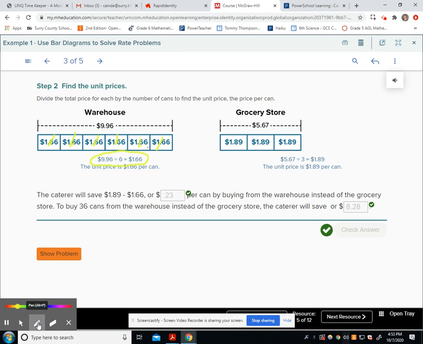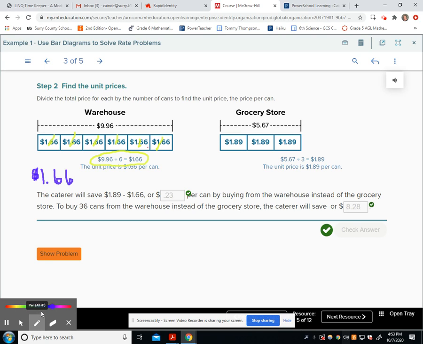So 1 can of tomato sauce at the warehouse costs $1.66.